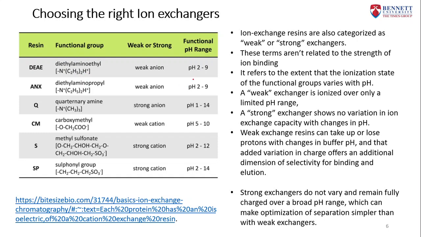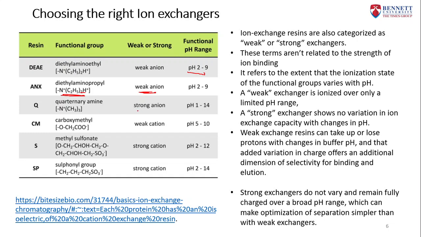So its pH functional range is narrower. It is a weak anion exchanger and most likely will bind weakly charged proteins. This particular one is again a tertiary ammonium cation, a protonated cation, and also binds weakly.